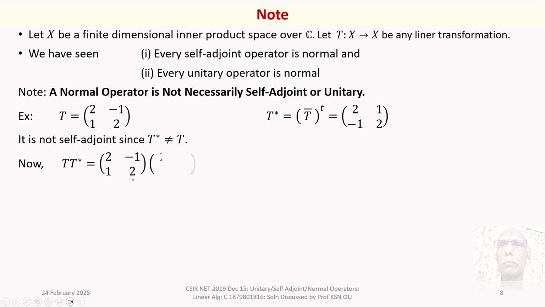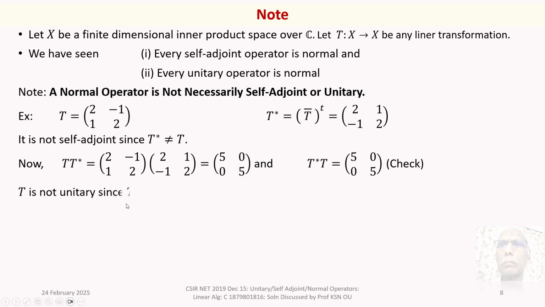Now TT star is T multiplied by T star, and you will get 5 times identity. And T star T is also 5 times identity. Check. So T is not unitary, since TT star is equal to T star T is equal to 5 times identity, which is not equal to identity.